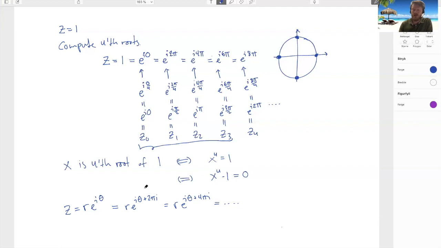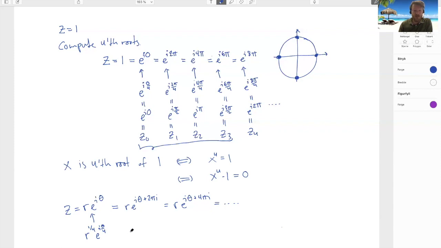And now I can just repeat the things. I'm taking the fourth roots here. So first of all, I'm dividing the angle by 4. And then I'm taking the modulus, which is a positive real number, and taking its proper fourth root like this. And here I have a complex number which, when I take the fourth power, becomes this.